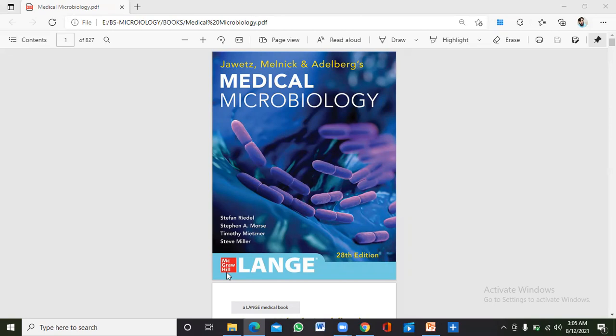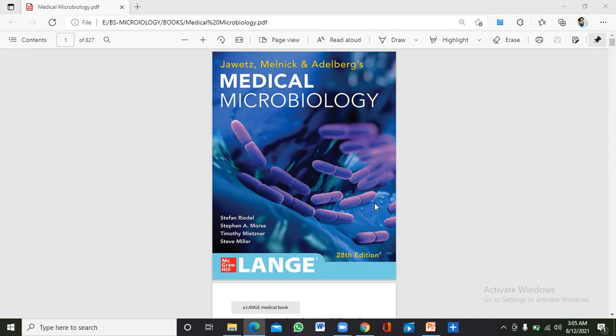It is written by the McGraw-Hill Lang organization, or even I think it is a board, just like the federal board in Pakistan or other types of boards. This is the cover page of the book, and I have the latest edition in soft form.